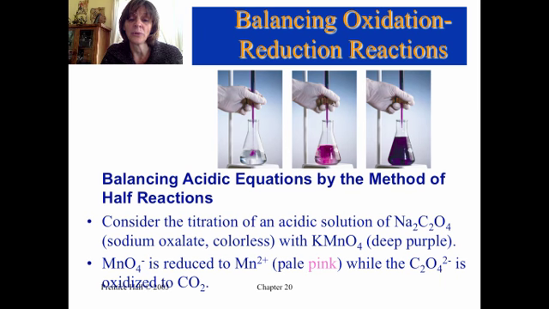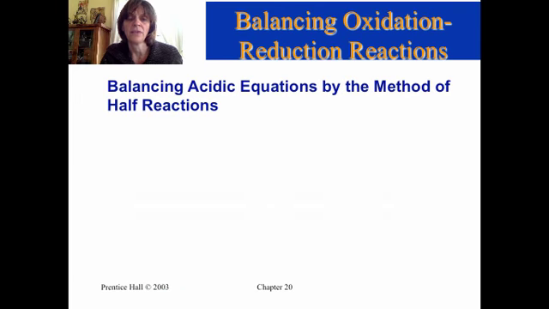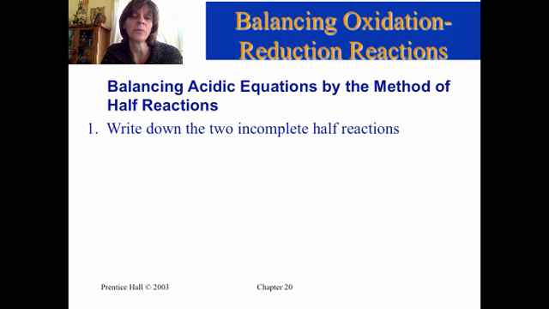The permanganate is reduced to Mn2+, which is very pale pink, and therefore you get the indicator color, while the oxalate is oxidized to carbon dioxide. All right, so balancing this reaction is a little bit more challenging if you're just trying to figure out all the atoms. So here's how we can do it. First, let's break it down into 2 incomplete half reactions. The MnO4- yields Mn2+.